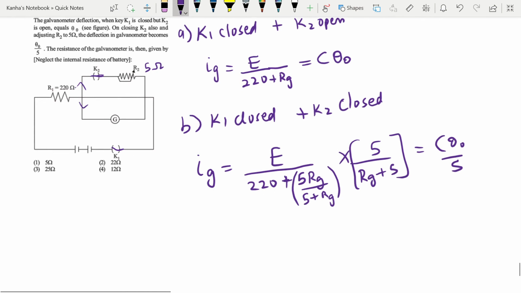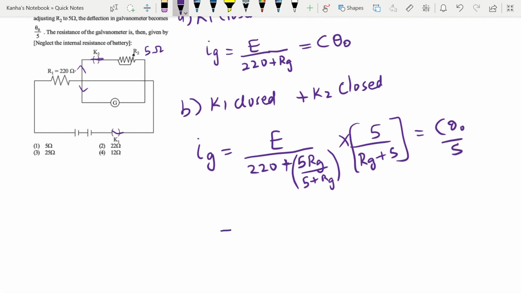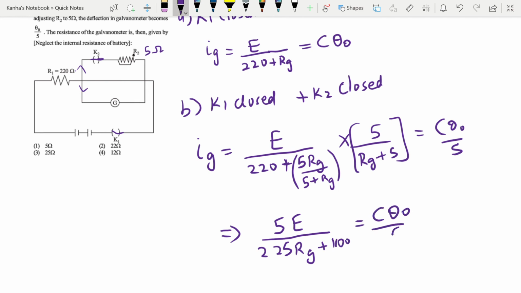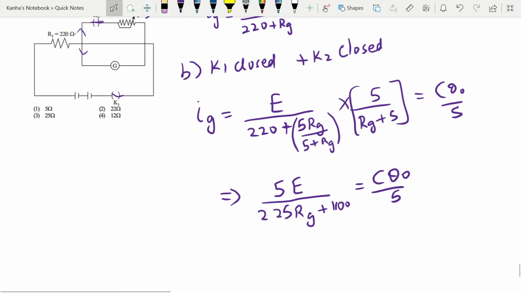Given this, I can easily write this as 5 times C divided by 225 Rg plus 1100 is equal to C theta naught divided by 5, or I can easily write this as E by 220 plus Rg is equal to C theta naught.